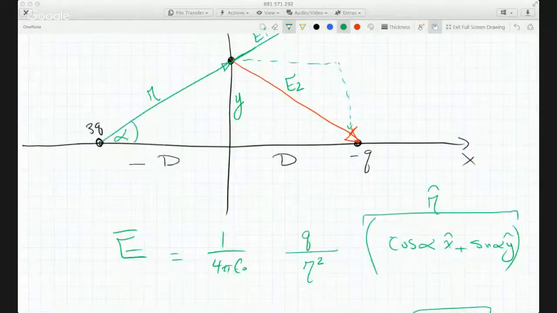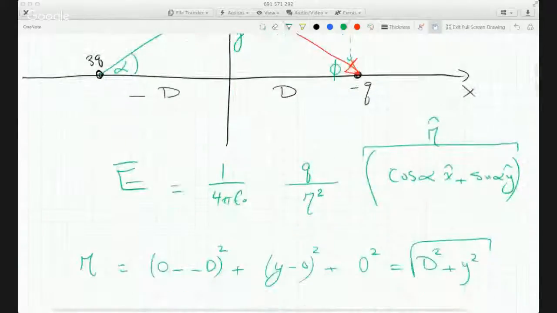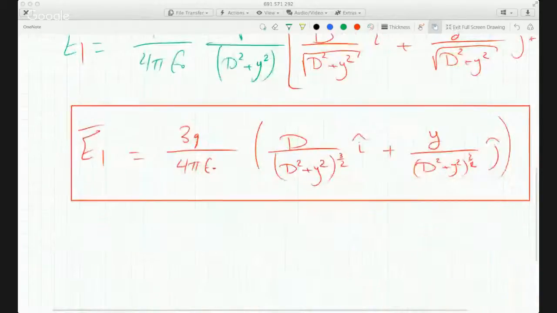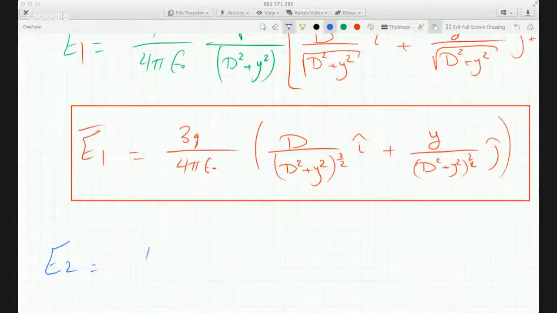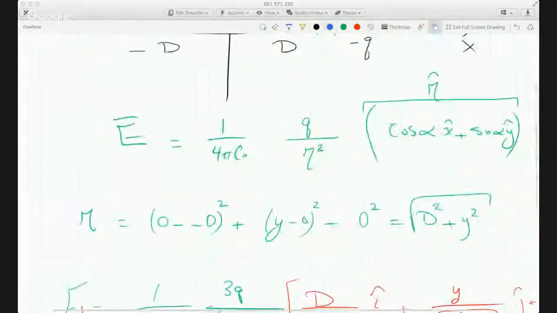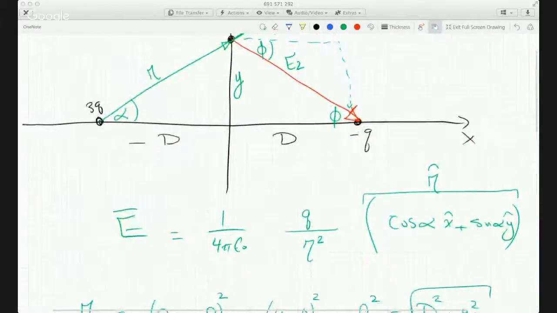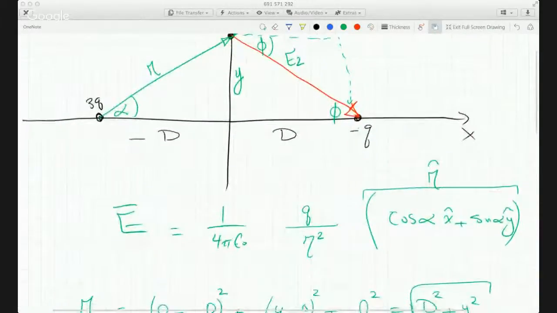If this angle here is phi, this angle here will be phi. Since we did the in-depth work already, we can just summarize here. So E2 will be 1 over 4 pi epsilon times Q, over the separation vector squared, times cosine phi and sine phi.